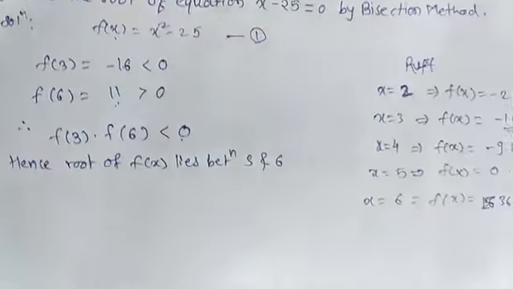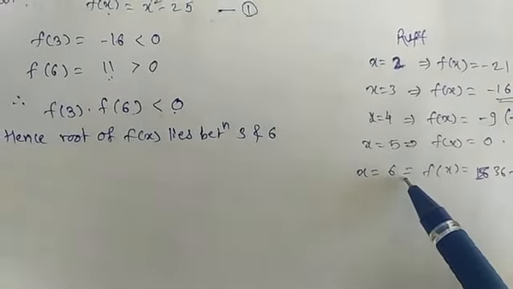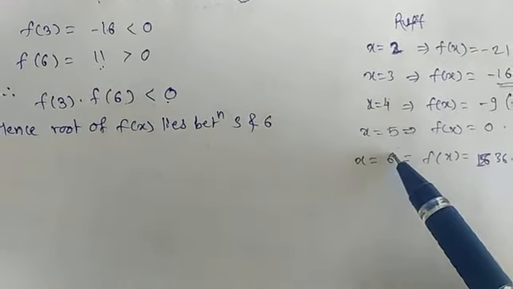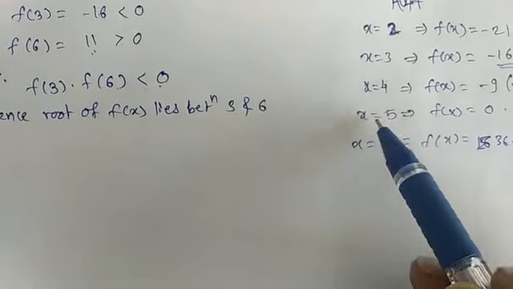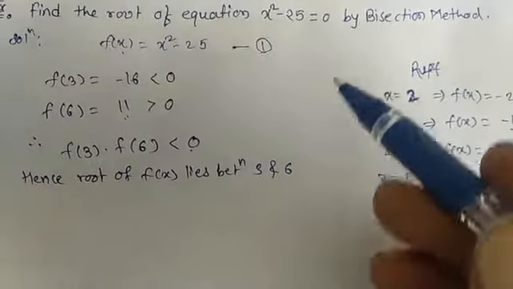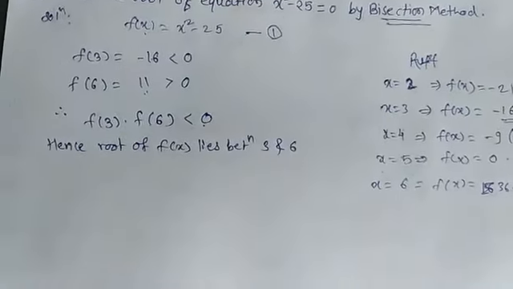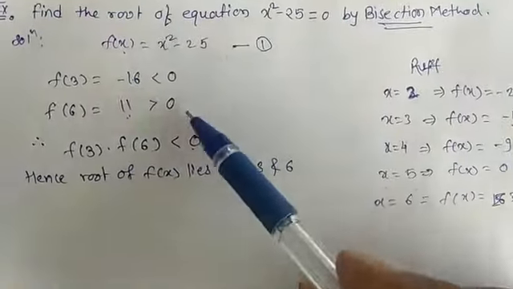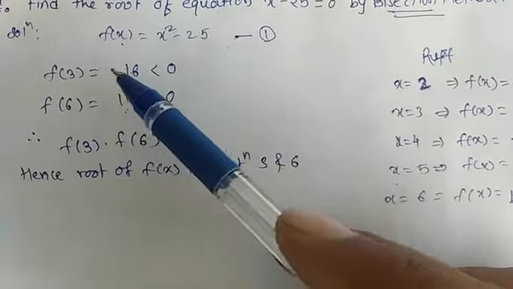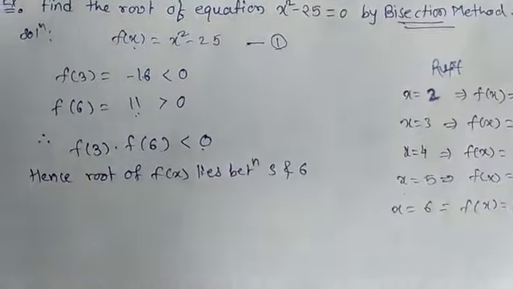You may also consider 4 and 6, but then in the second iteration you would get x is equal to 5. We want to go nearer to the root, so we take the longer interval. So 3 and 6 will be considered here.